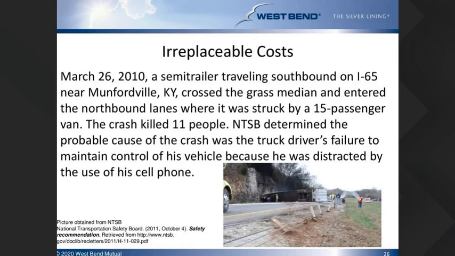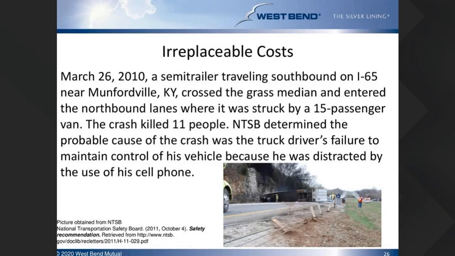So this first one comes from the National Transportation Safety Board, and it was an incident that occurred on March 26, 2010. A semi-trailer was traveling southbound on I-65 near Munfordville, Kentucky. The driver ended up crossing a grass median, entered a northbound lane where it was struck by a 15-passenger van. Very tragic incident.